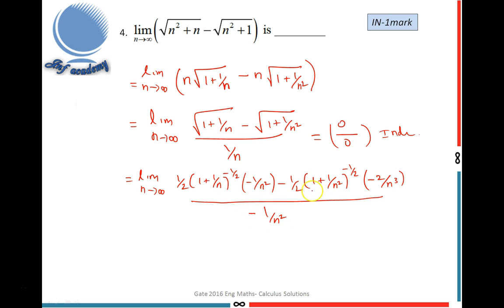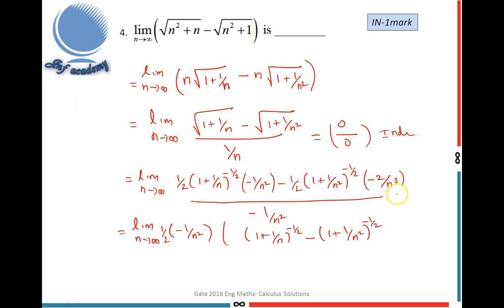In the two terms, minus 1 by n square is common. So I take it outside, limit n tends to infinity. Here minus 1 by n square, the remaining term is 1 by 2, 1 plus 1 by n whole power minus 1 by 2. 1 by 2 is also common, so I take it outside: 1 by 2 times 1 plus 1 by n whole power minus 1 by 2, minus 1 plus 1 by n square whole power minus 1 by 2.